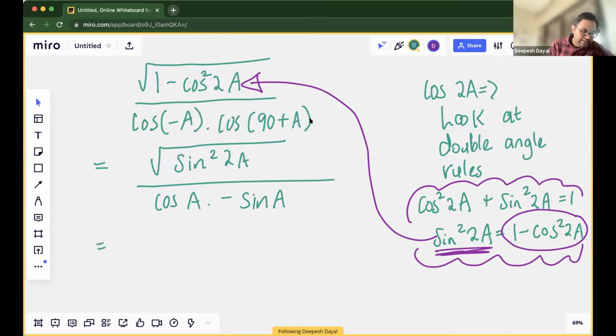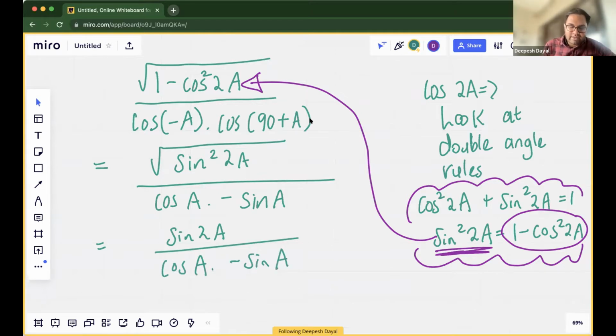So the square root of sine squared 2a will give us just sine 2a over cos a times minus sine a. Okay. And what do you know about sine 2a?